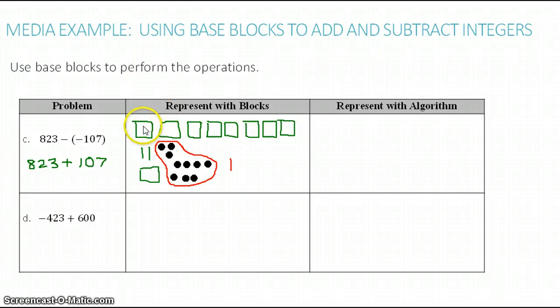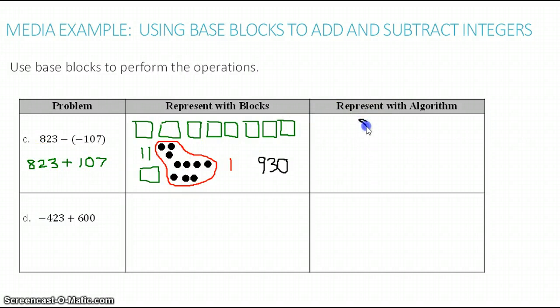Now our result will be 1, 2, 3, 4, 5, 6, 7, 8, 9 flats, so 900, and 1, 2, 3 rods, and there were no units left over after we regrouped into the rod. So we have 930. And notice again this answer will be positive because these are both positive.